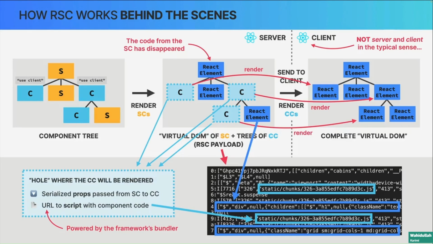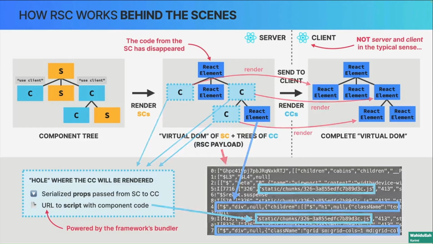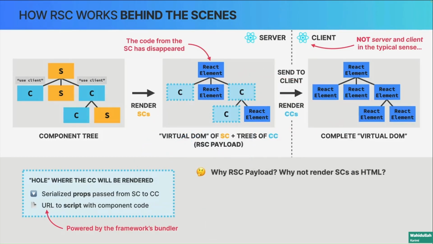Now, we're going to summarize this whole thing in a moment, but for now, let's just ask ourselves the question, why do we need such a complex process with this RSC payload? Why not just render server components as HTML and send that HTML to the browser? Well, the fundamental reason is that React really wants to always describe the UI as data and not as already finished HTML.